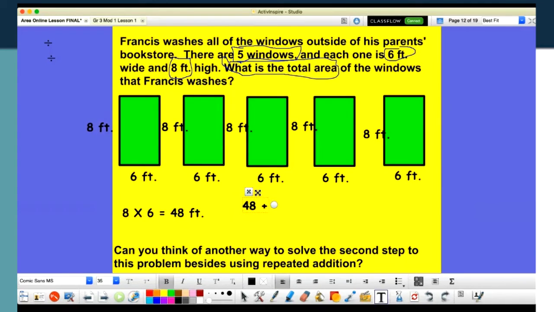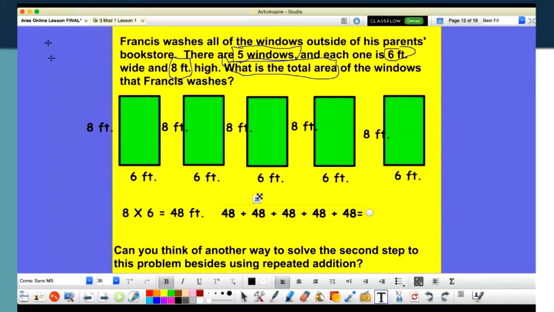So we could simply add 48 plus 48 plus 48 plus 48 plus 48. So we could add up 48, 1, 2, 3, 4, 5 times. Since that's repeated addition, you could also say 48 times 5.